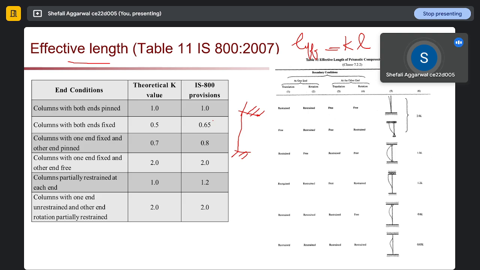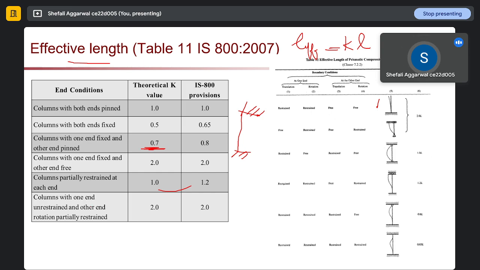And if the column is fixed at one end and pinned at the other end, then the K factor is given by 0.7. If one end is fixed and the other end is free to rotate, like in this case, then our K value is 2. Next, if the column is partially restrained at each end, if both ends have partial restraint, then our K value is 1.